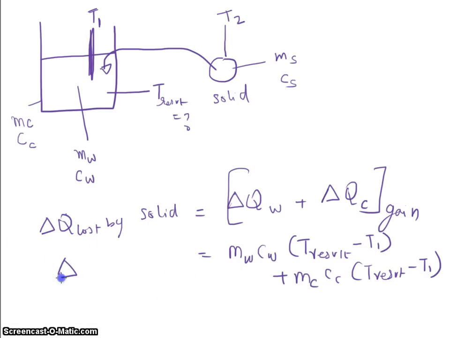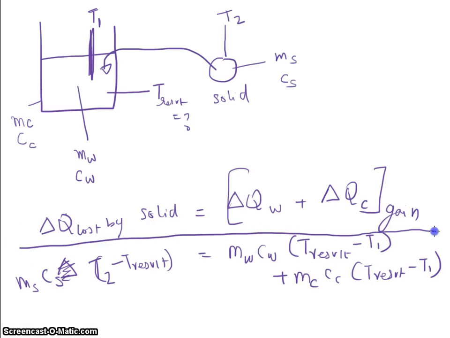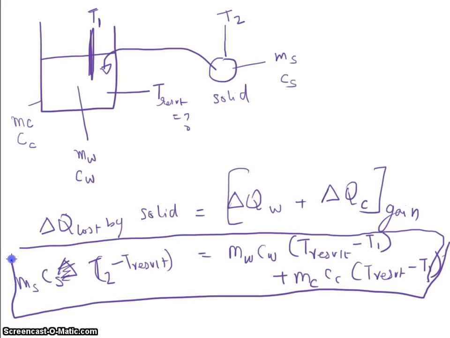This is equal to delta Q lost by the solid, which is (T2 minus T result) times m solid times c solid, right? So this is all you need to remember. The textbook is a little convoluted and kind of confusing, but as long as you understand the principle, I think you're good.